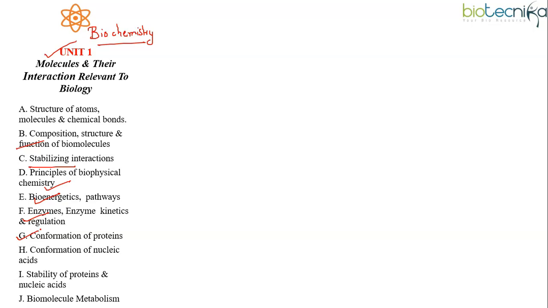You study domains, folds, and the Ramachandran plot. Subunit H is about conformation of nucleic acids. So here you study the A, B and Z forms of the helix, transfer RNA, microRNA. Then stability of proteins and nucleic acids you study in subunit I, and subunit J is about metabolism of carbohydrate, lipids, amino acid, nucleotides and vitamins.